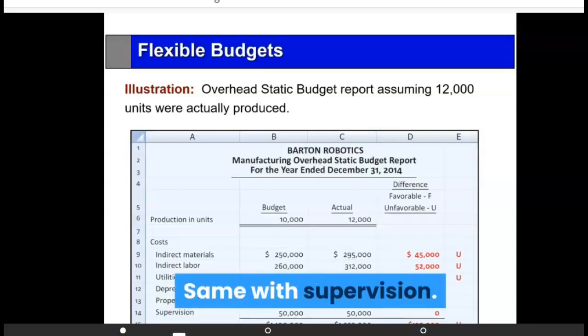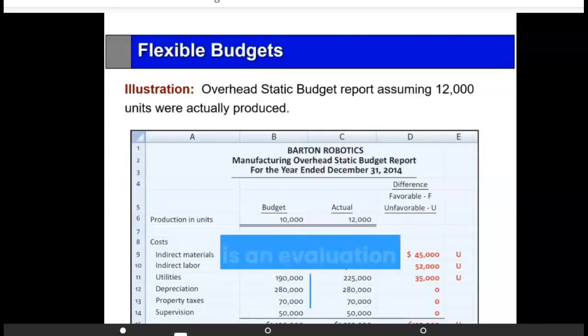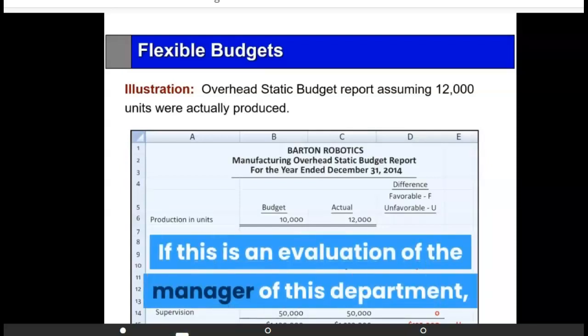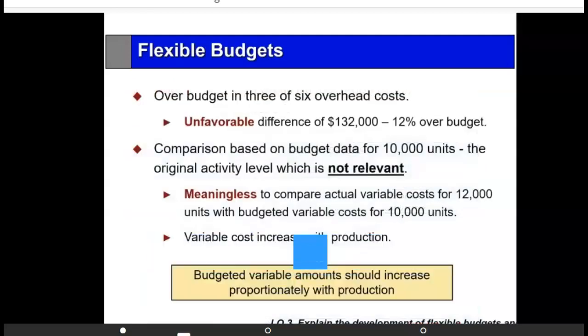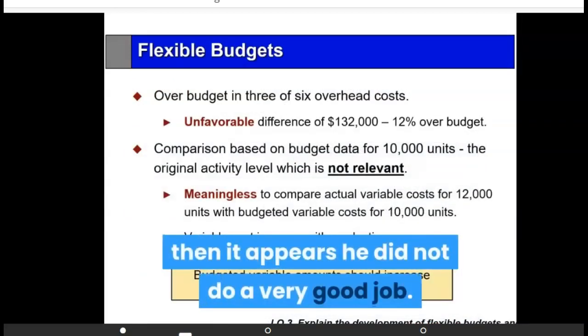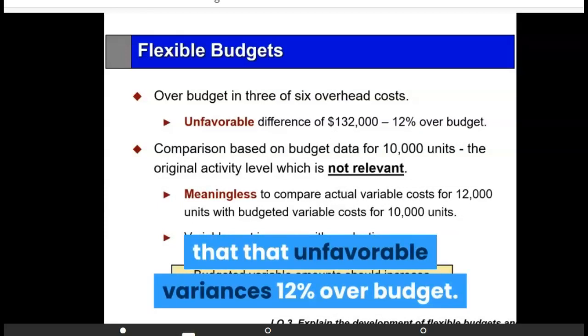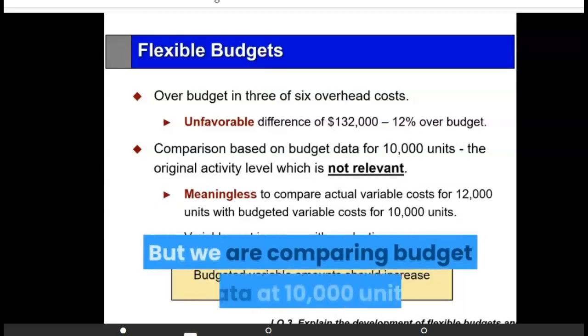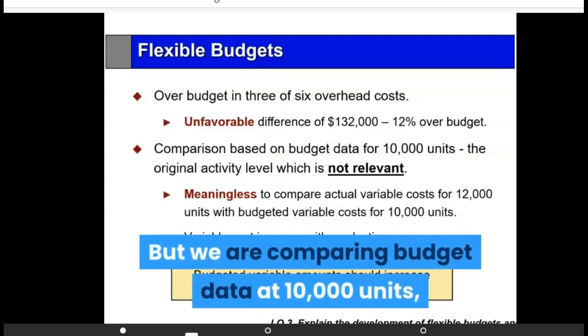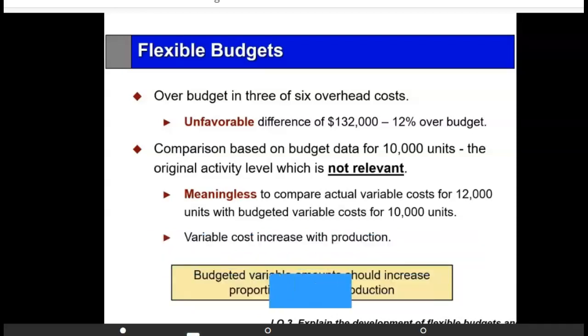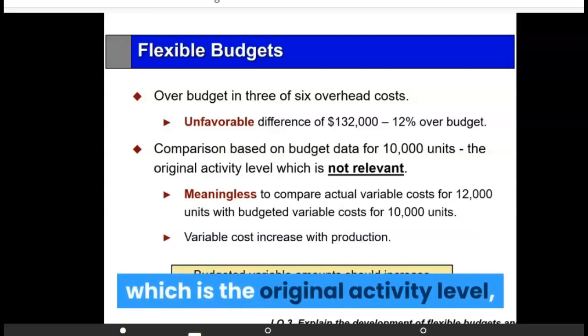If this is an evaluation of the manager of this department, then it appears he did not do a very good job. However, you will notice that the unfavorable variance is 12% over budget. But we are comparing budget data at 10,000 units, which is the original activity level.